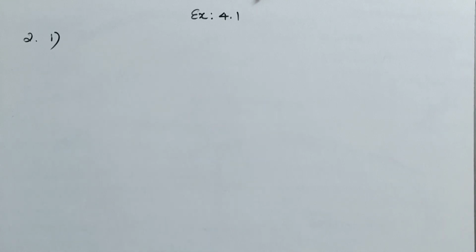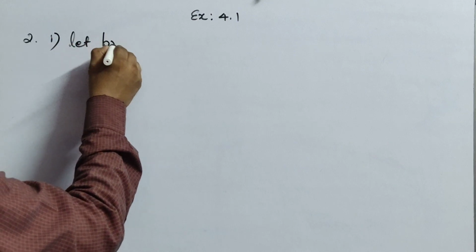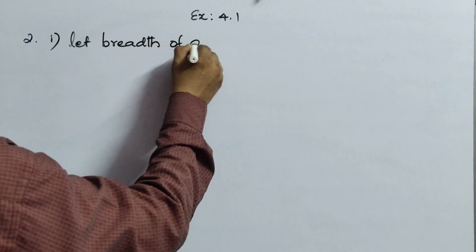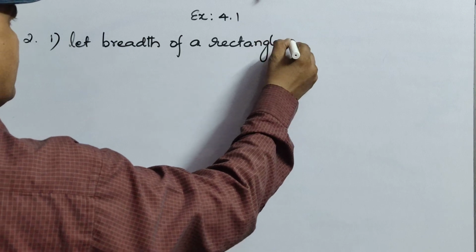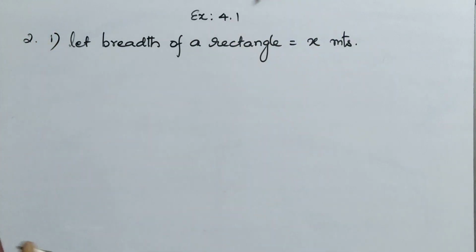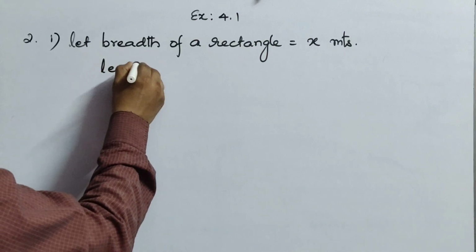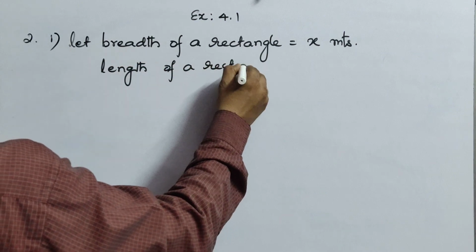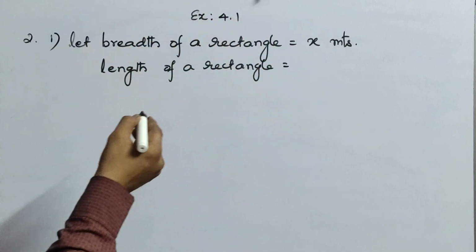Okay, children, see here. Let the breadth of the rectangle equal x meters. Next, the length of the rectangle equals 1 more than twice its breadth.